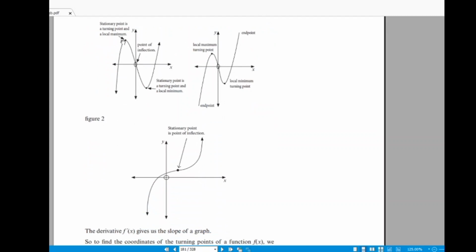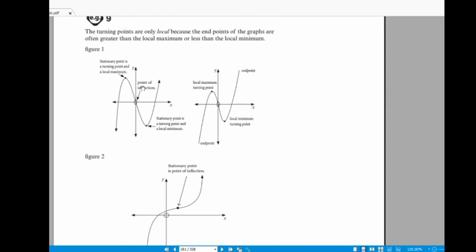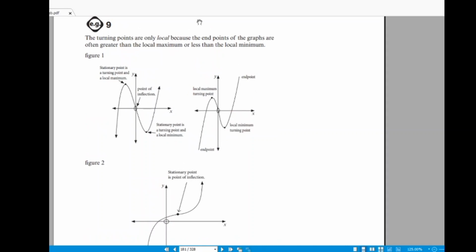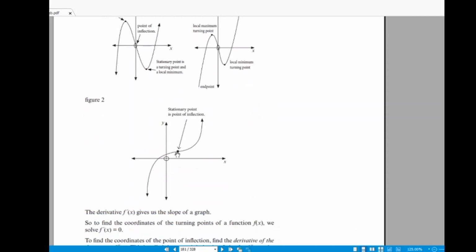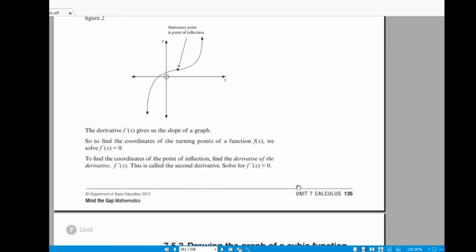To calculate the turning points, you will need to calculate the first derivative of f(x), which is f prime x, and then to calculate the point of inflection, you will need to calculate the second derivative, which is f double prime x, right? The derivatives give us the slope of the graph.